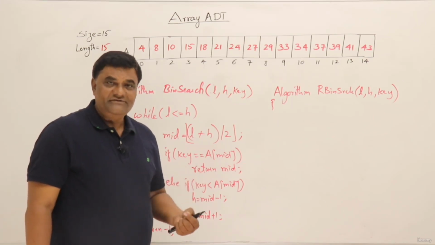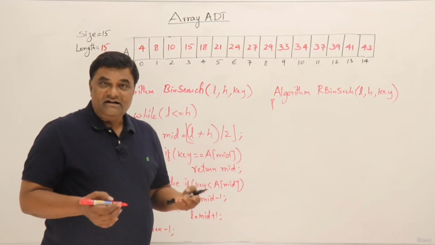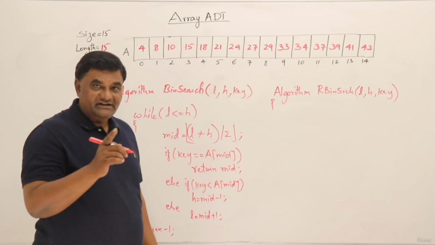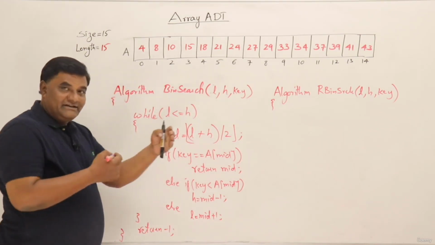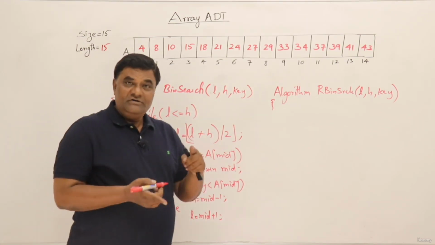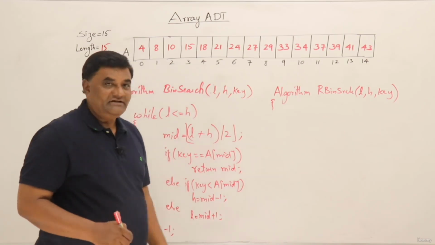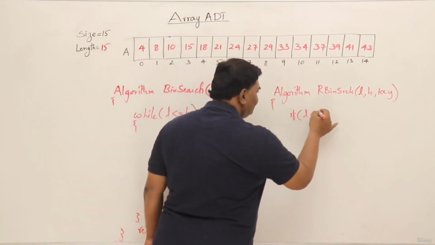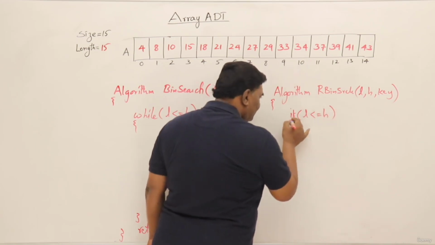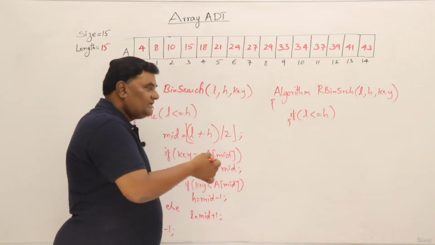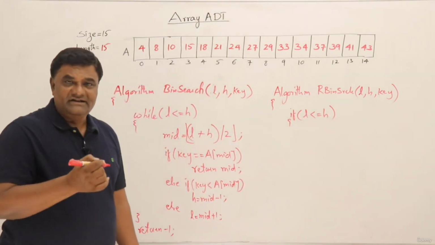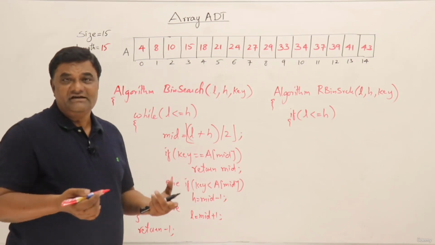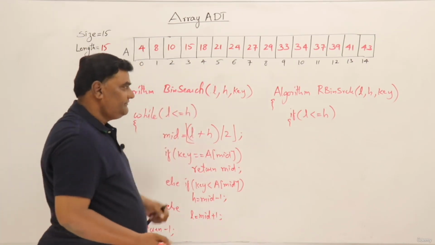So what is the first thing we should check? Whether there are some elements or not. So we should check that low should be less than or equal to high. If low is greater than high, we cannot perform anything. So if low is less than or equal to high, at least there is one element. If low is greater than high, means there are 0 elements. So first condition we check.